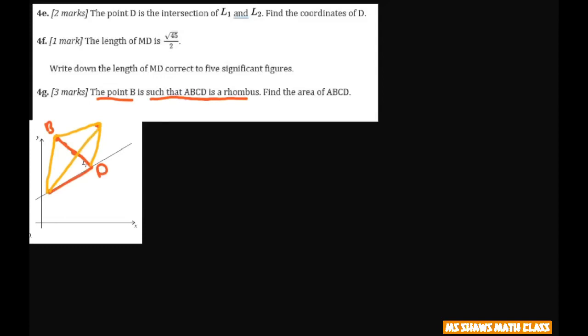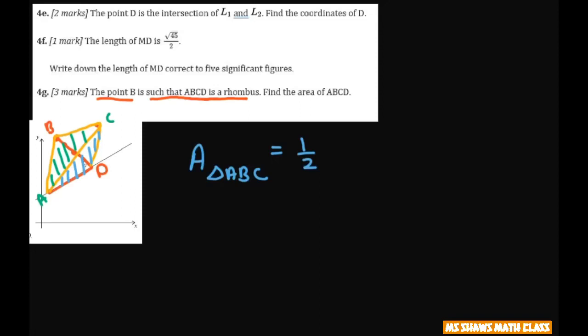So basically, we have 2 triangles. You have this triangle, and this is ABC. And that triangle is going to equal this triangle. So basically, to get the area of the rhombus, we can just do the area of triangle ABC. So that's 1/2 base times height.